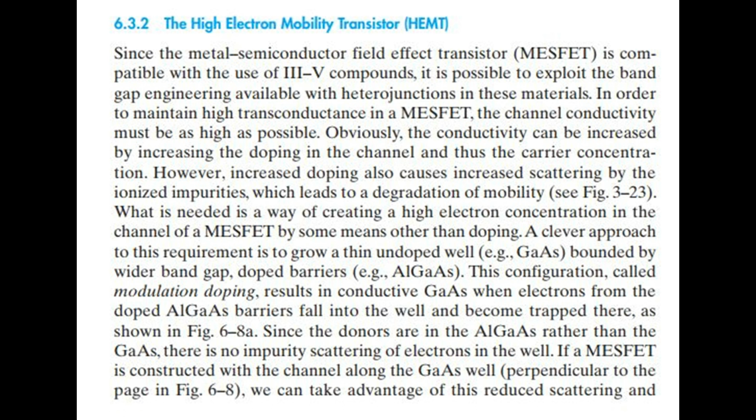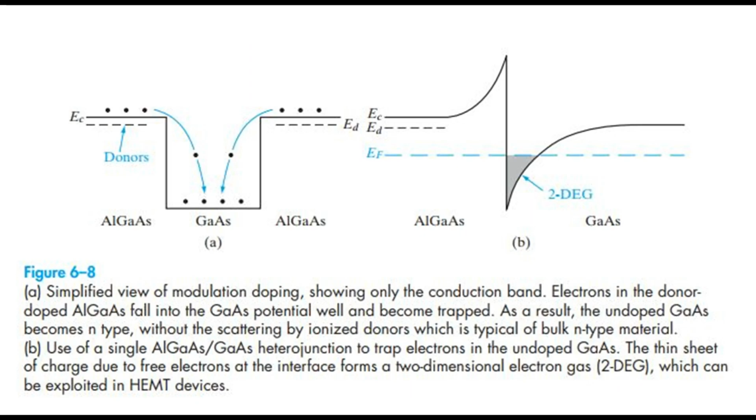The effect is especially strong at low temperature where lattice (phonon) scattering is also low. This device is called a modulation doped field effect transistor, MODFET, and is also called a high electron mobility transistor, HEMT.